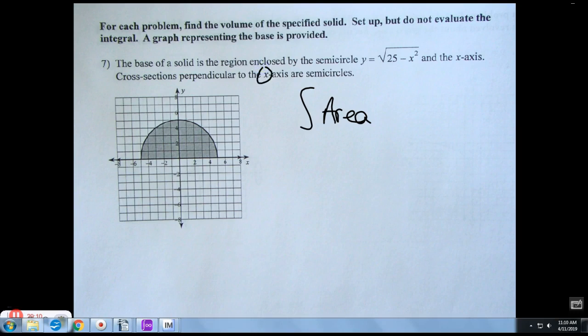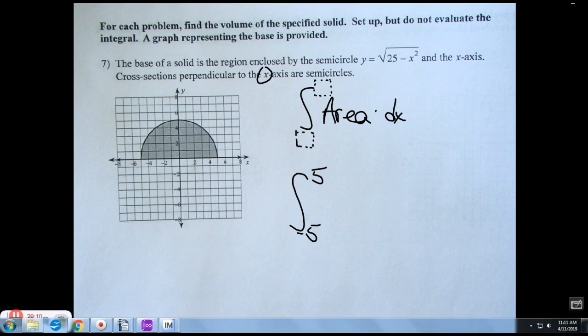If it's perpendicular to the y-axis, you're going to be doing dy. So this is going to be dx, which means these two values have to be x values. They're going to be my left and right boundaries. And what are those? Negative 5 to 5.